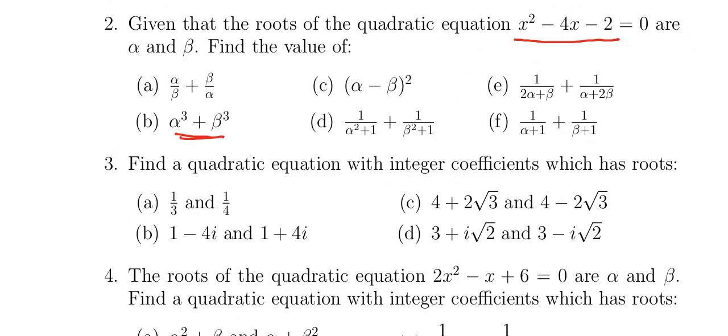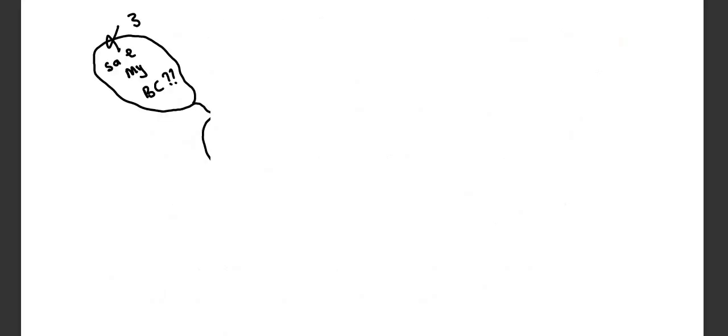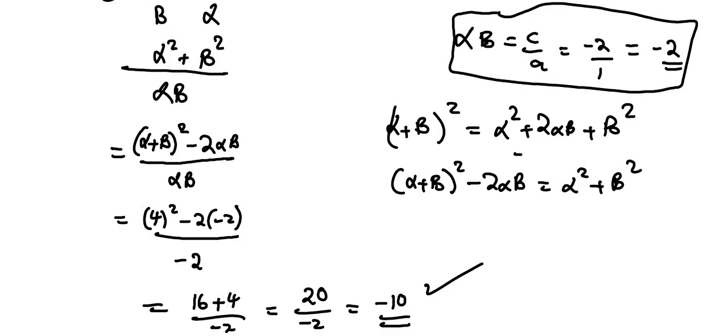So they're looking for alpha cubed plus beta cubed. So we need to first of all expand. You look at the power that has been given.